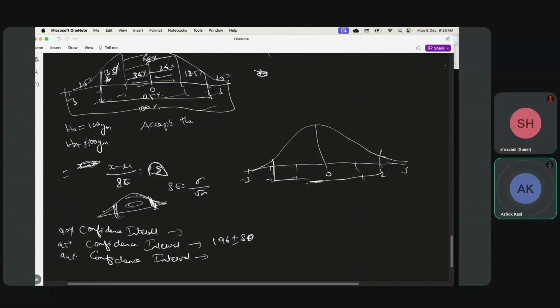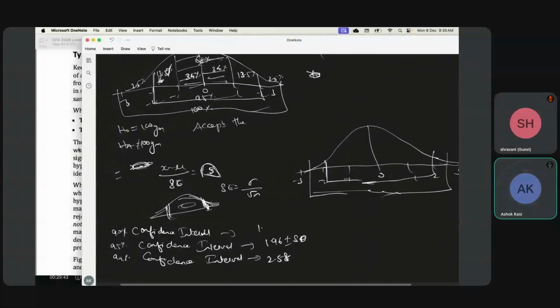For 99% it is 2.58, so it will come till here. I forgot the 90% confidence interval.